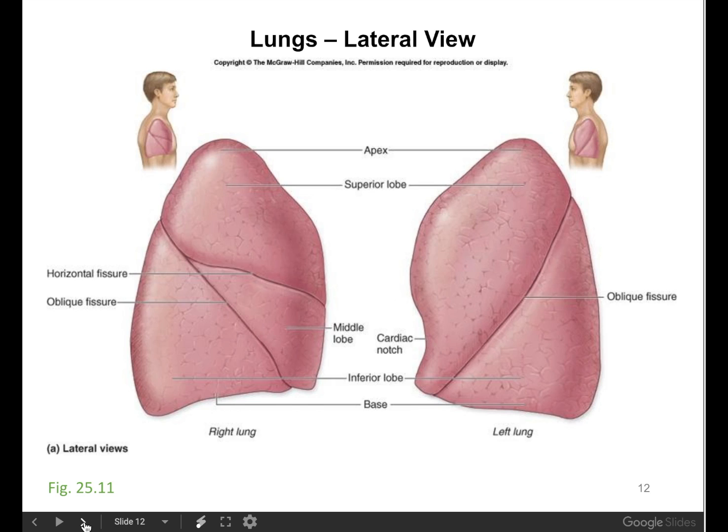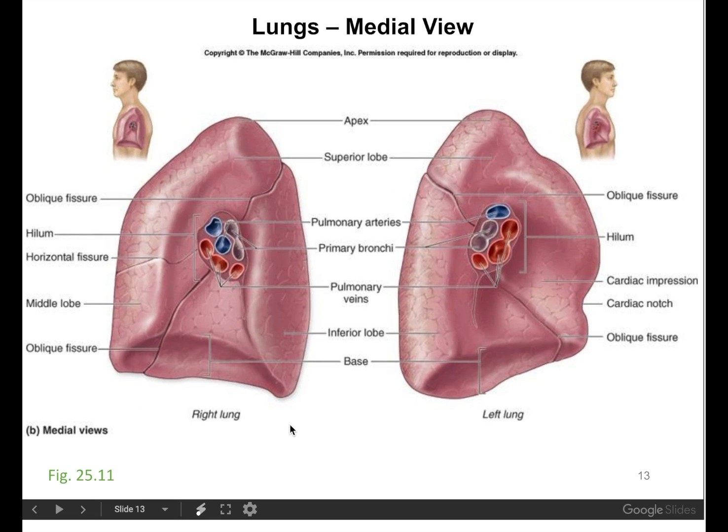So looking at the other side here, this box area right here is called the hilum. It's basically like the freeway system of the lungs. It's where everything's coming in and out of the lungs. So within the hilum, we have the primary bronchi on both sides, the pulmonary arteries, and then the pulmonary veins.